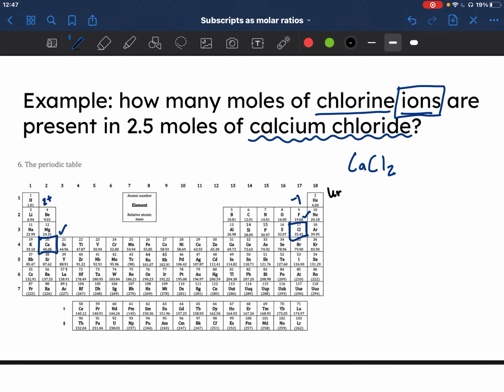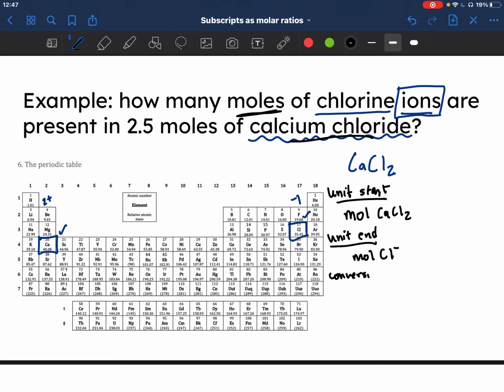The unit that I'm starting with is moles of calcium chloride. The unit that I need to end in is moles of just chlorine ion, and my conversion factor.